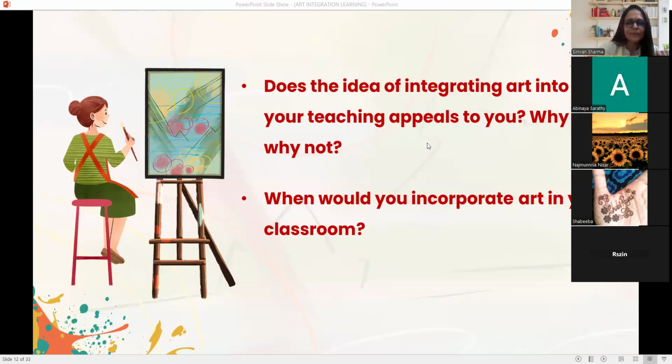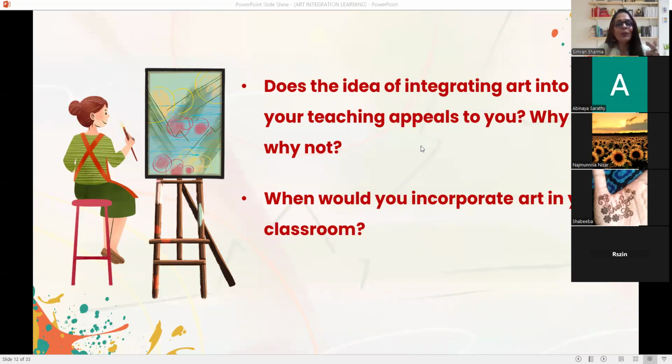Okay, fine. So art integration can be used as an icebreaker. When you are starting something new, you can start with some small but very interesting activities to increase their interest in the topic and catch their attention.